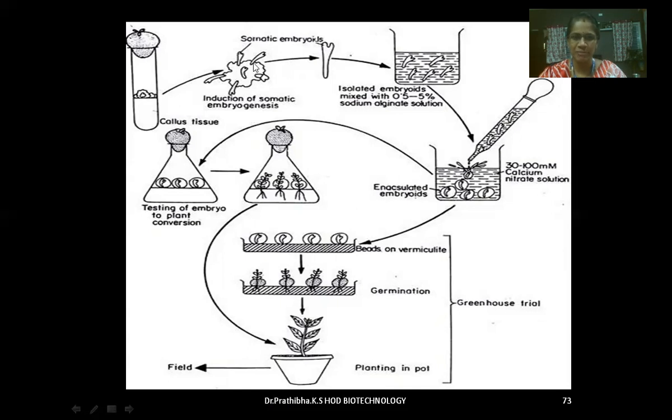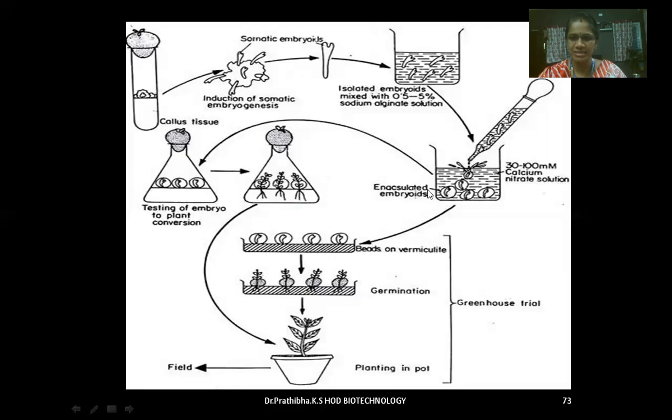From this callus, embryos were collected and those embryos are dropped in the sodium alginate solution or slurry. Then these embryos, by using the dropper, will be dropped onto the ice cold calcium chloride. For stabilization, leave in 0.1 molar calcium chloride solution for 5 to 10 minutes, then take out and subject it for further culturing.